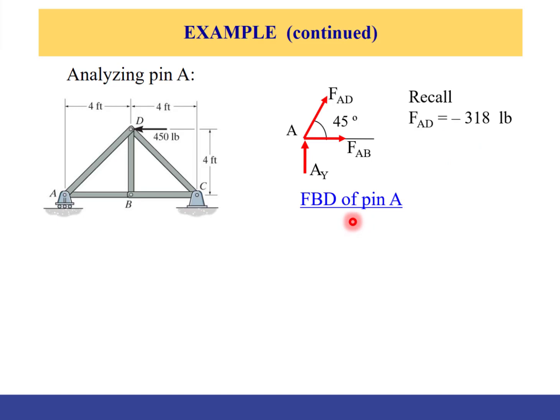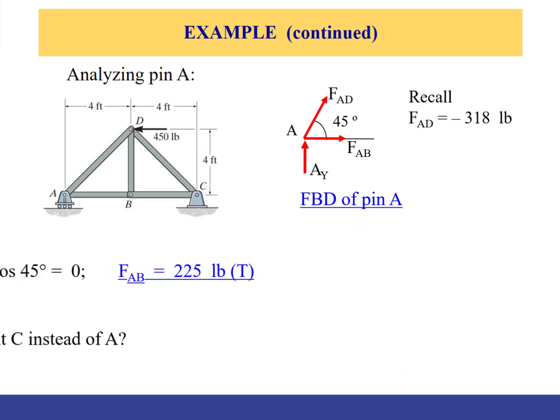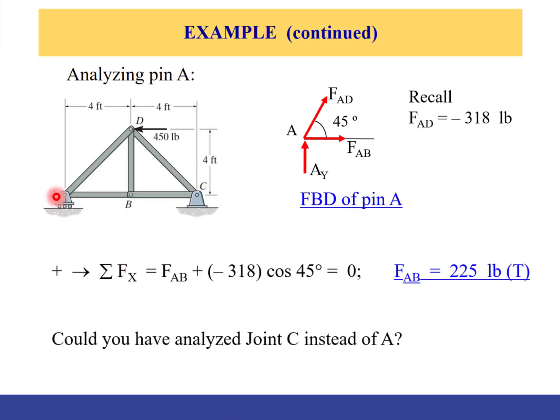Now, applying the equation of equilibrium at A in X or in Y, Y doesn't give you anything regarding the member. It will help you calculate the reaction, but for X, it will help you find the tension force or compression force on the member.